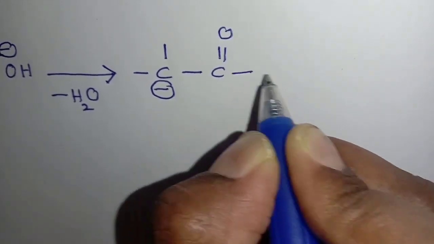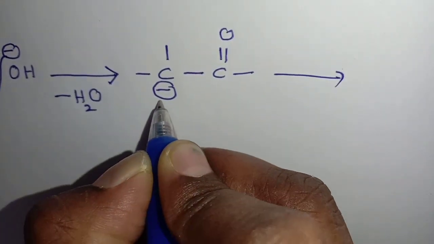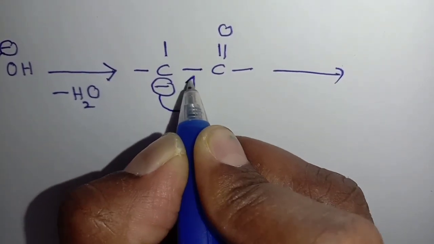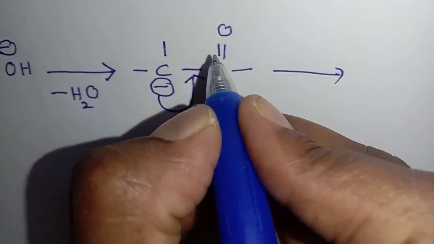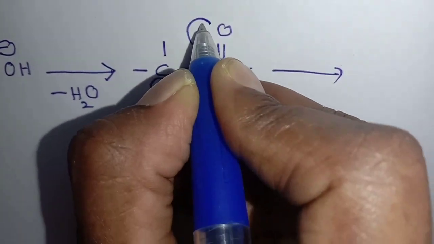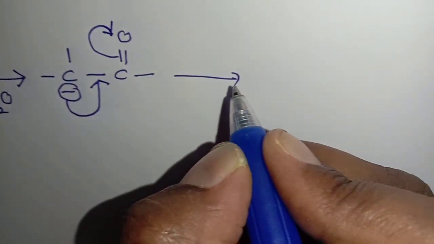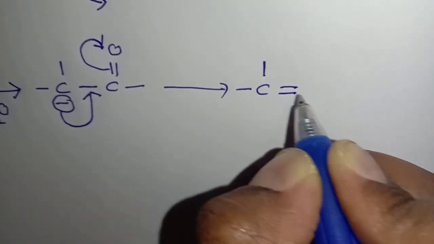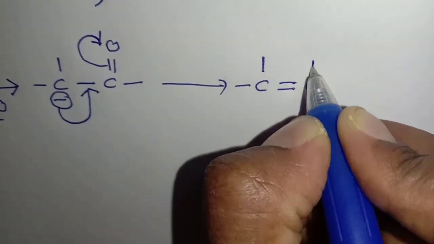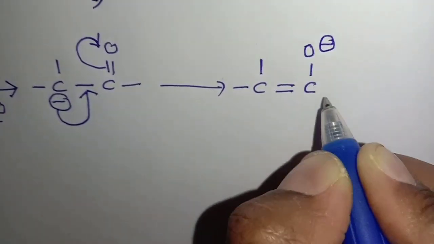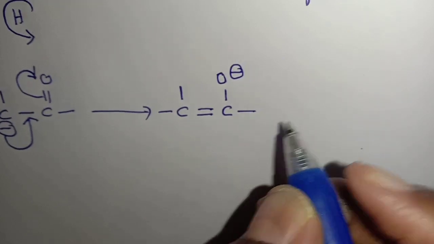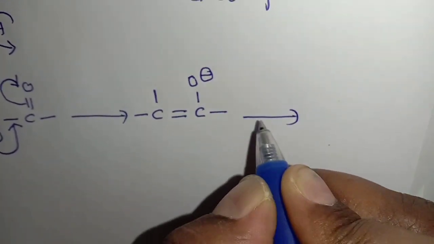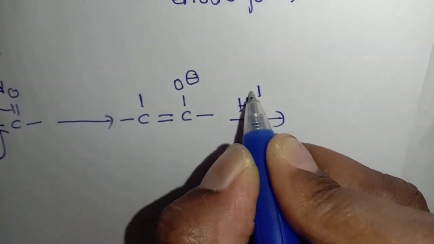Next, this minus shifts in between carbon and carbon, and the pi electrons move towards oxygen. Next, C double bond C, O minus, here one more bond. Now it takes up a proton, H plus.